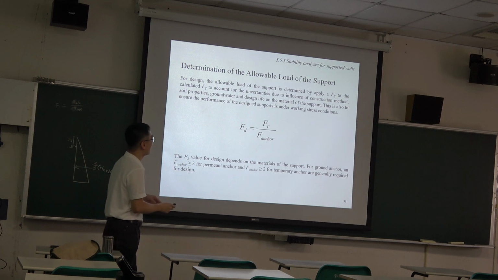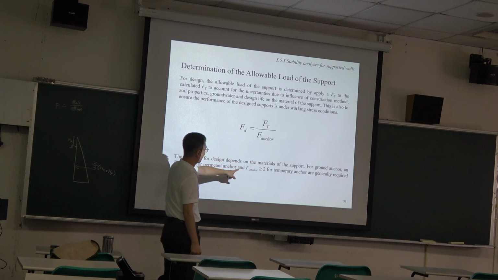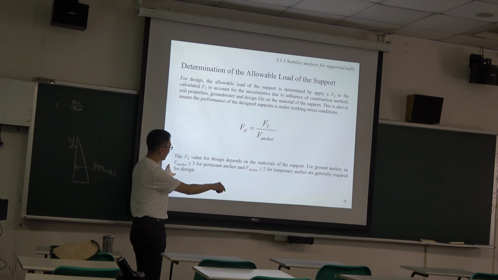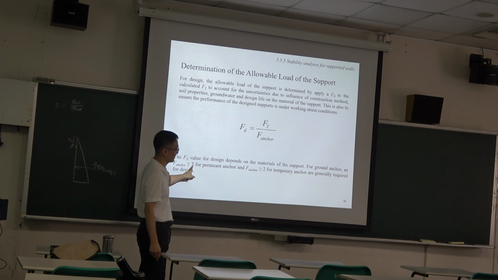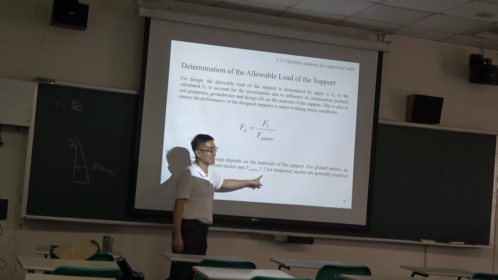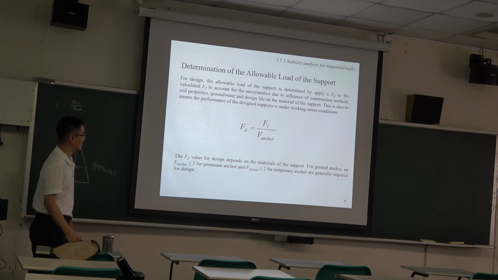Based on this situation, we can decide its factor of safety. For permanent design, we want the anchor factor of safety greater than 3. For temporary design, we want its factor of safety greater than 2.